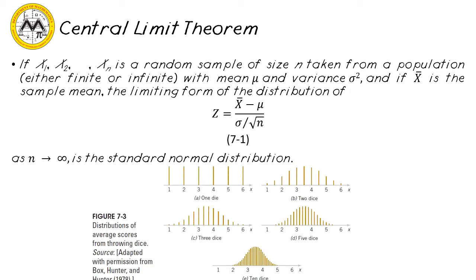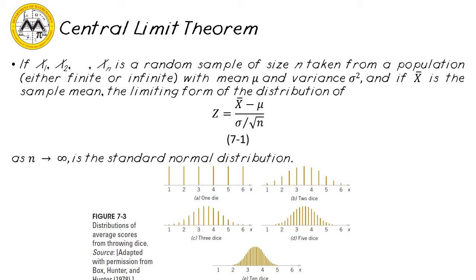A non-normal distribution like the uniform distribution for a die: if we have a uniform or unbiased die, the probability for each outcome is 1 over 6. All events would have 1 over 6 as the possible outcomes.